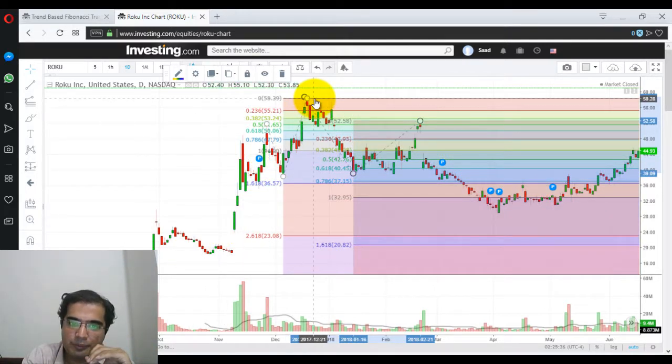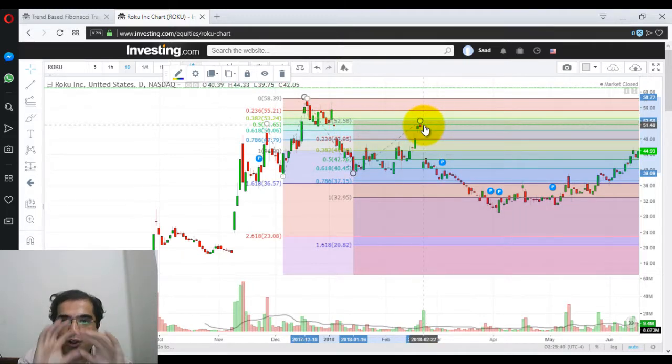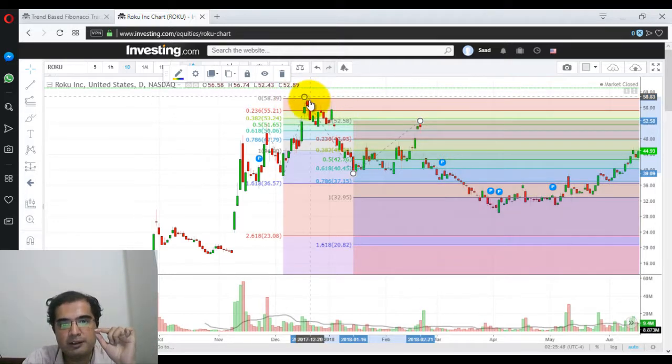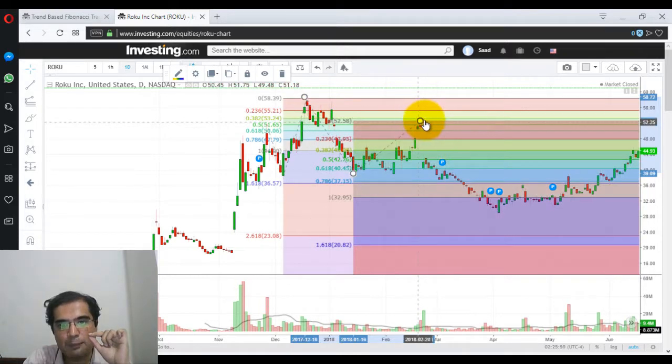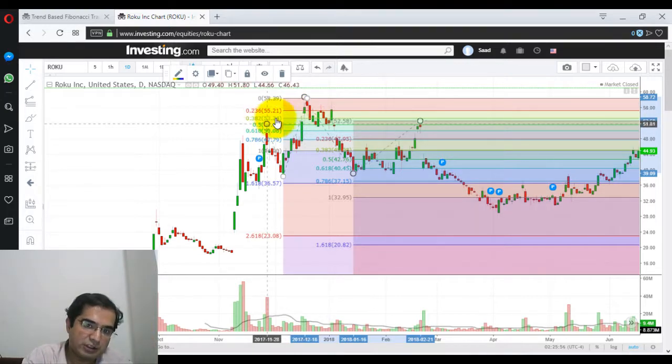That's the major difference. Here the price was rising up, so the highs were higher, but here the highs were lower. So always remember, once you are posting a trend-based Fibonacci extension and you need the numbers on the lower level, then you need to pick first high and second high, but the second high should be either at the same level or at a lower level.